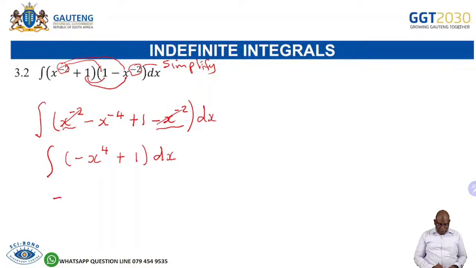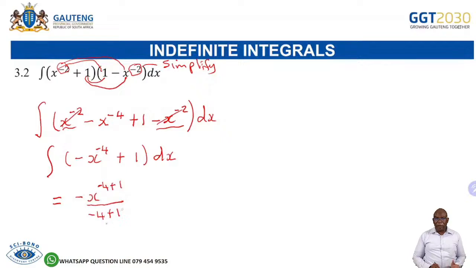So I'll have, once I integrate, remove the sign of the integral. Negative x, this is 4, so this is minus 4, sorry. This is minus 4 plus 1. So that is divided by minus 4 plus 1. When we are still practicing, I want us to do that so that then we know where this one comes from.